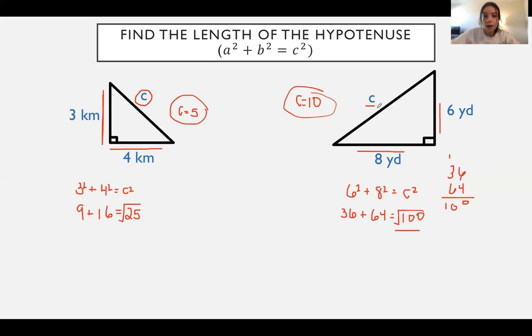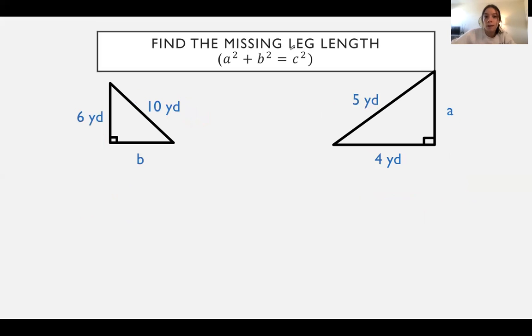Now, that's how you find the length of the hypotenuse. Here, we're going to find the missing leg length. Here we're missing b, and here we're missing a. This one is going to be 6 squared plus b squared equals 10 squared. So we have 6 times 6 is 36, plus b squared, equals 100.